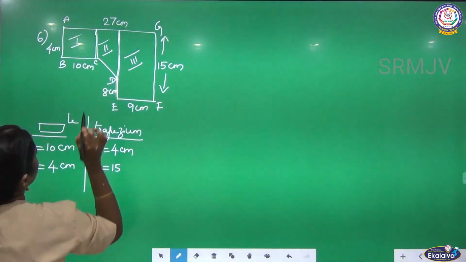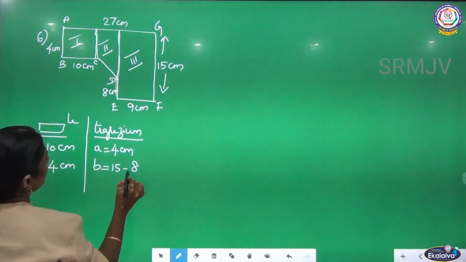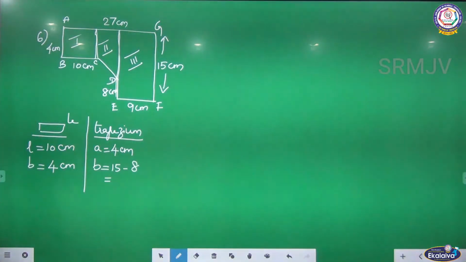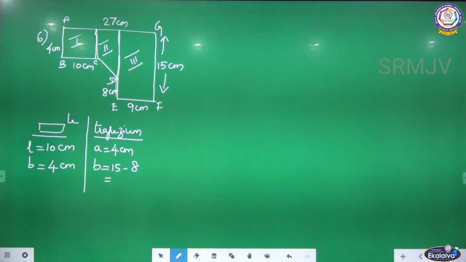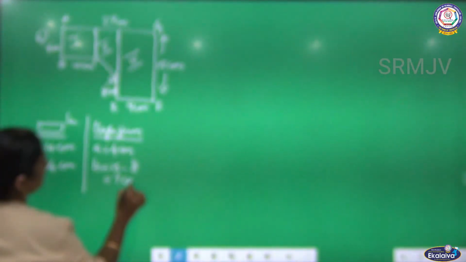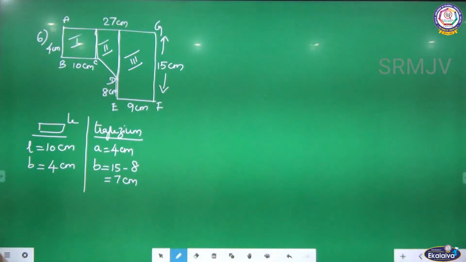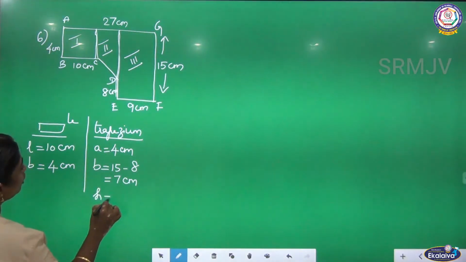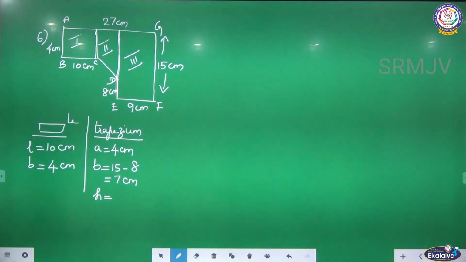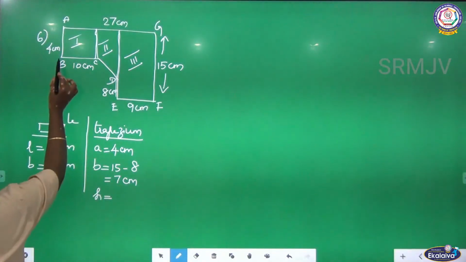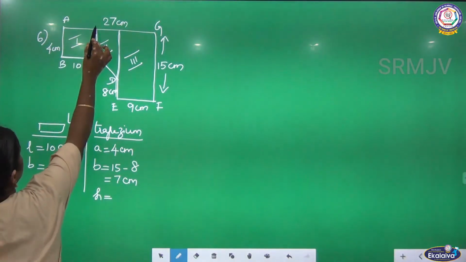Only up to this is the trapezium. So 15 minus 8. What is the answer? 7 centimeter. Got it? 15 minus 8 is what? 7.